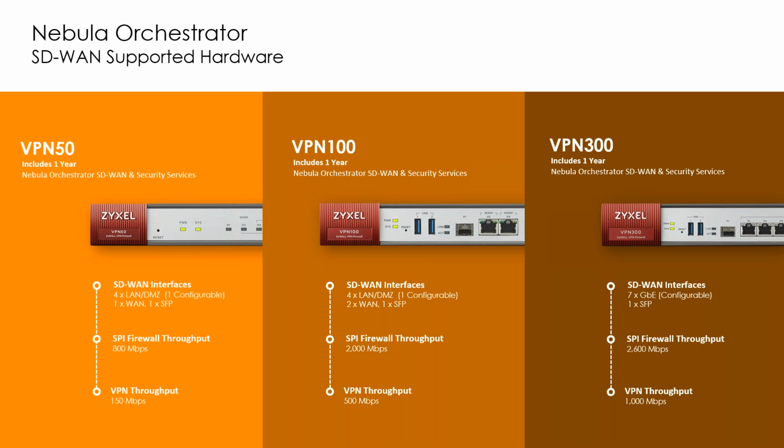The two smaller devices also have predefined port roles, so a predefined number of LAN and WAN ports, while on the VPN 300 all the ports are configurable, meaning that you can select as many WAN or LAN ports as you wish. Each device also includes one SFP port, which is an optional port, so you can set it to WAN or LAN or anything in between, but then you need to create your own rules.